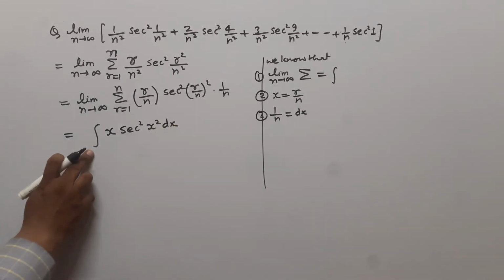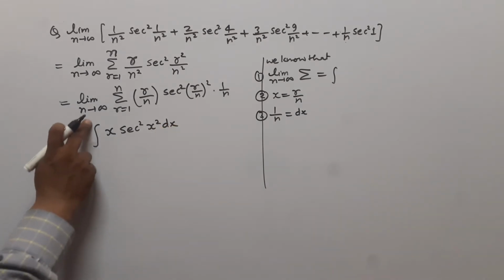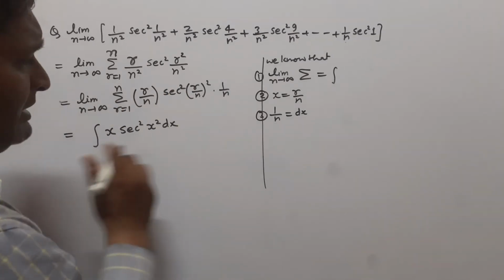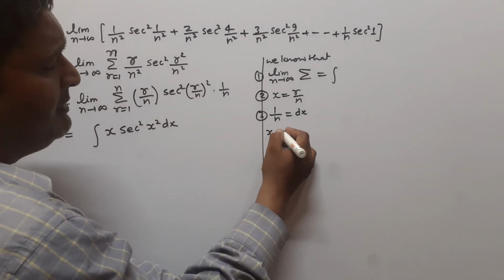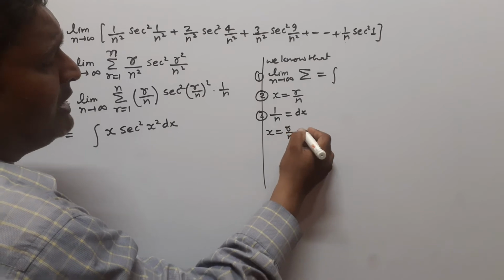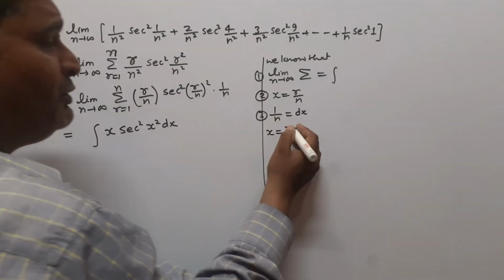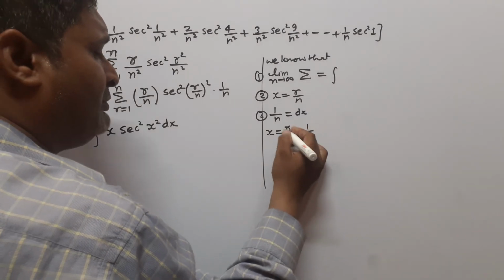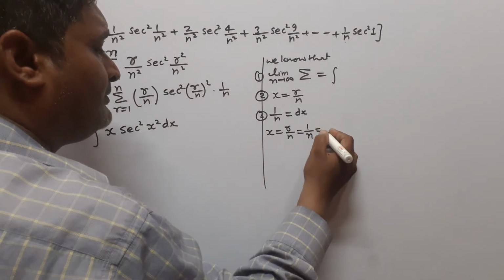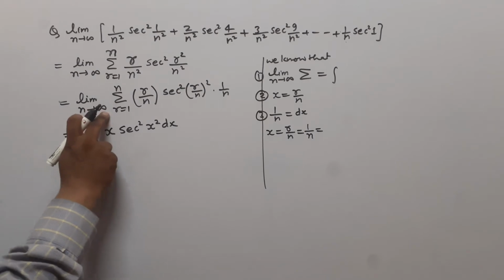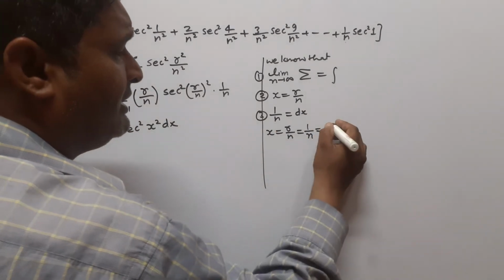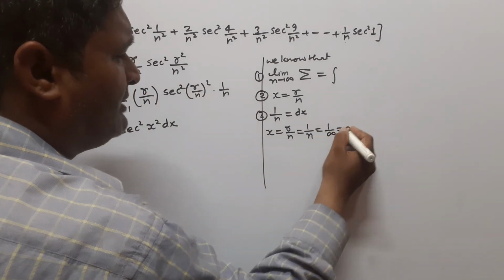Now we find the lower and upper limits of this integral. For the lower limit, we know that x equals r by n. For the lower limit r equals 1, and n tends to infinity, so 1 upon infinity means 0.